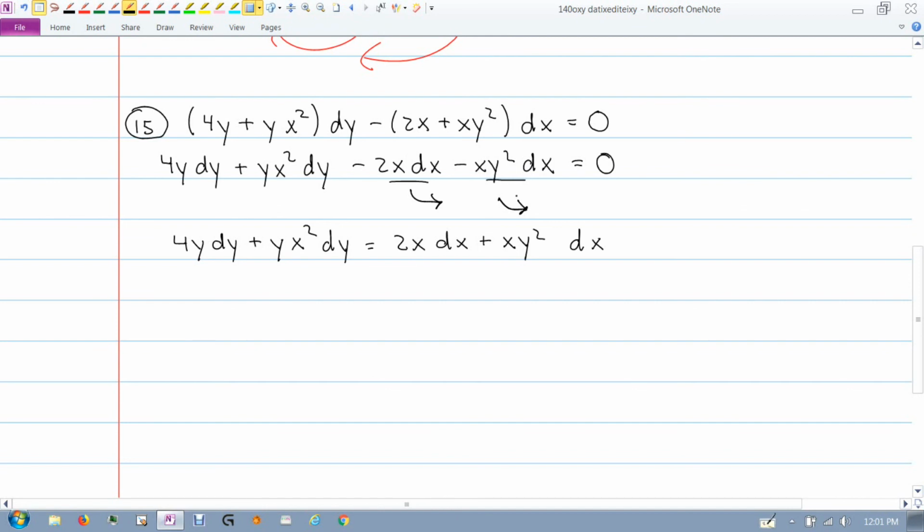Looks like I'm going to need to somehow get this y squared out of here, right? So I'm going to have to divide through, but I don't believe that's going to work. So let me just evaluate this for a second. Yeah, I think I'm going to have to do some factoring here.